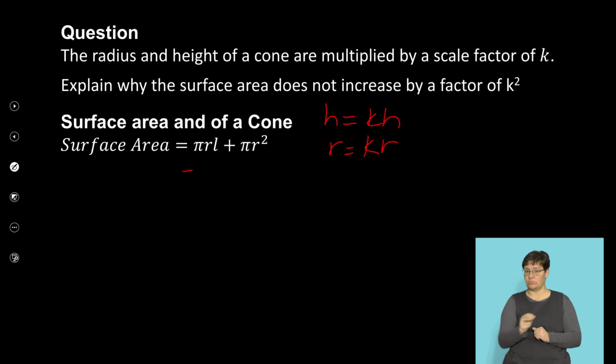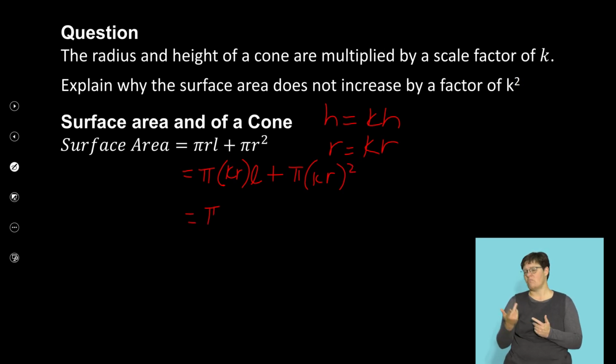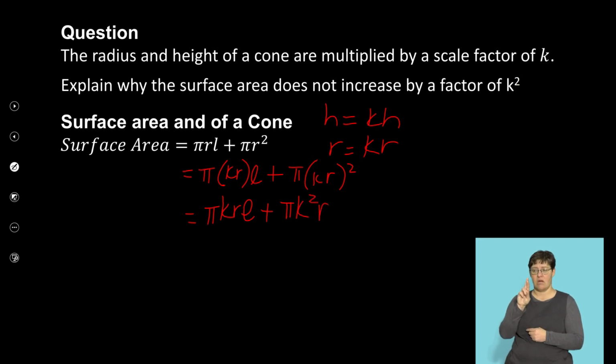If I substitute this in, it's going to be pi times k r l plus pi times k r squared. If I make this line slightly easier, it's going to be pi k r l plus pi k squared r squared.